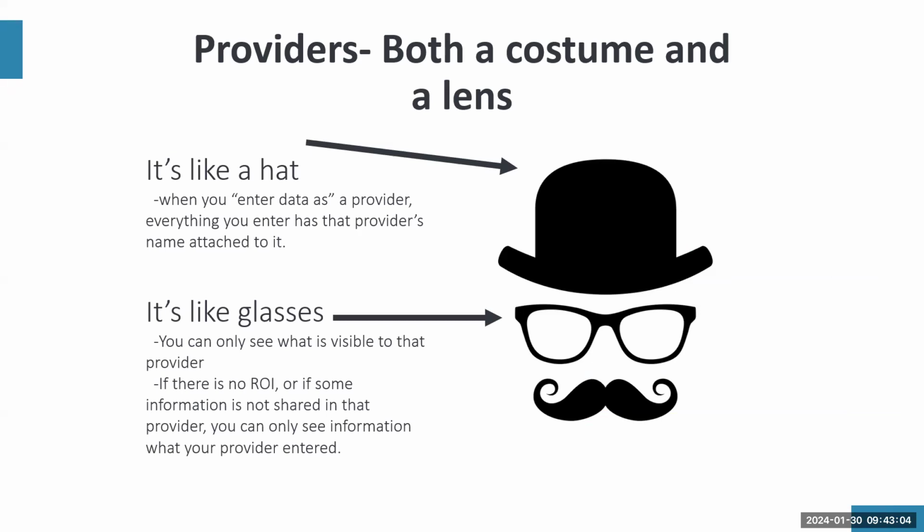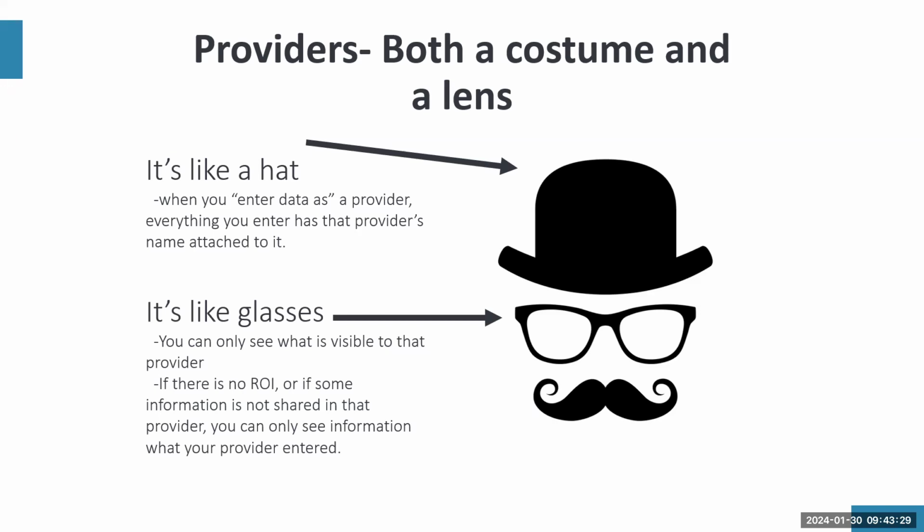So when trying to decide or think about which provider you need to access or what a provider is in HMIS, it's like a costume and a lens. So whenever you're entering data into HMIS, you have to put on the right costume and you have to be looking through the right lens in order to see information for that provider.